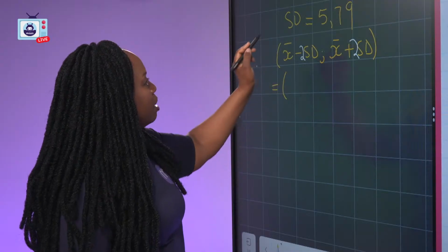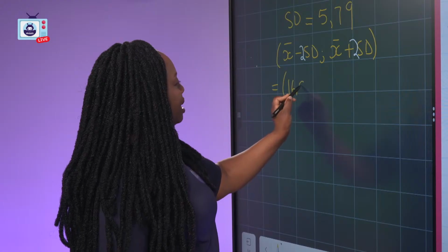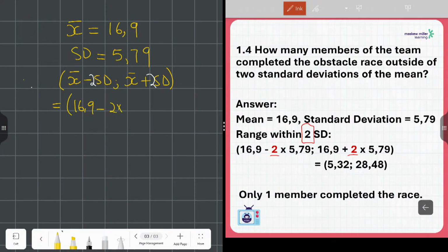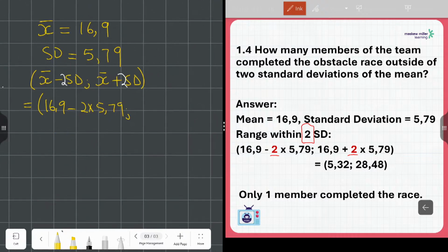Here, the mean is 16,9 minus 2 multiplied by the standard deviation, which is 5,79. So that's our first part. Then the second one, or the upper part, will be the similar thing, but now we are adding 16,9 plus 2 multiplied by 5,79.